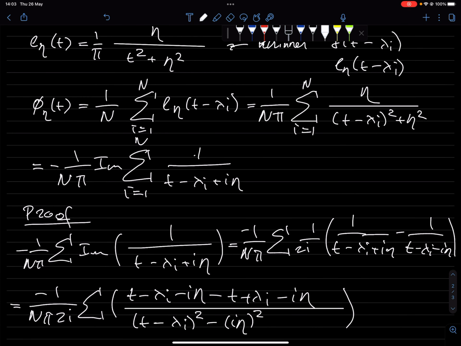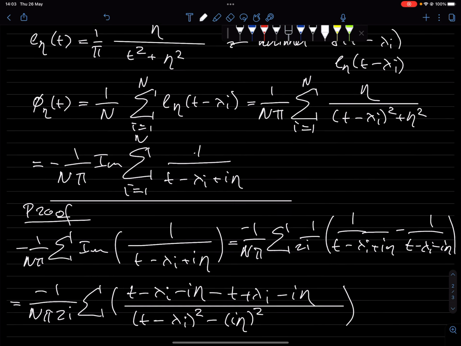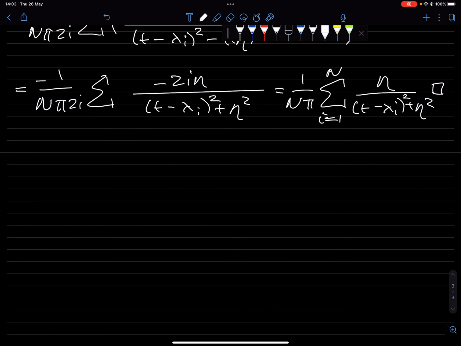So going back to this expression, this is actually the same as minus 1 over n pi times the imaginary part. I'll actually just write everything we had before.